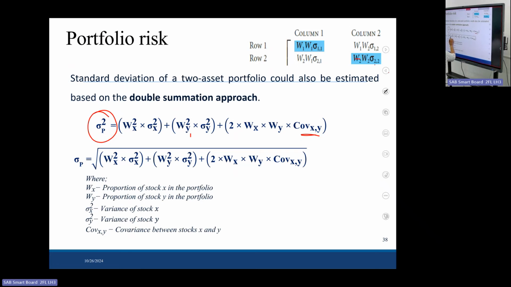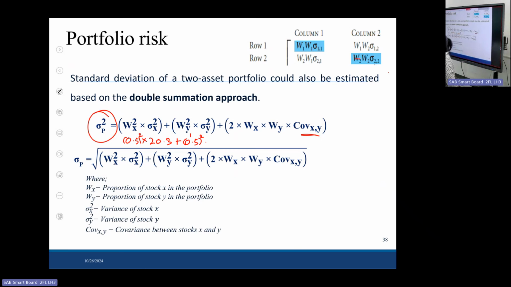Variance 20.3, it is 20.3, weight 50%. Weight X also 50%.